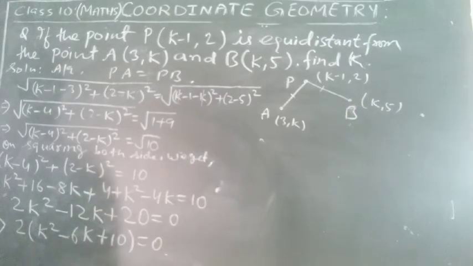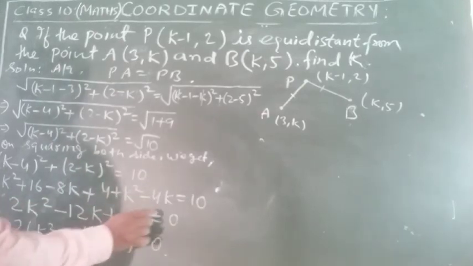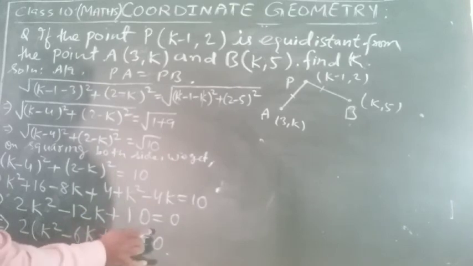Let me look at what is going on here. Oh my God, it is 10. This is square 16, this is square 4, and this, oh my God, it is 10. Because 16 and 4 is 20, and 10 will be subtracted here, 10 it is not. Now here it is 5.